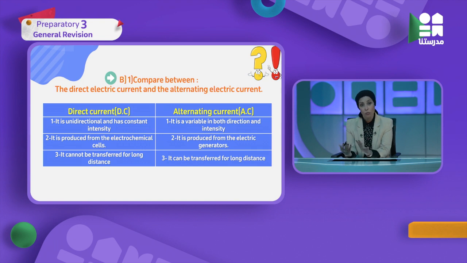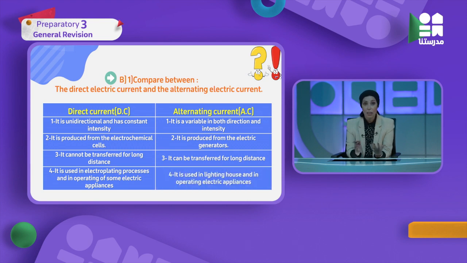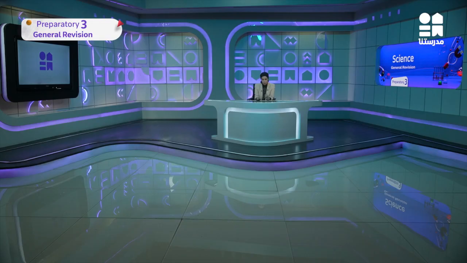I can use it for transmission over a short or long distance. The uses of direct current: it is used for electroplating processes, like coating something with a metal layer. And the other one is used in lighting houses, operating many appliances, and many other things in our life.